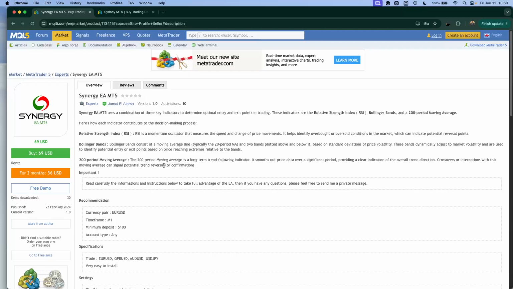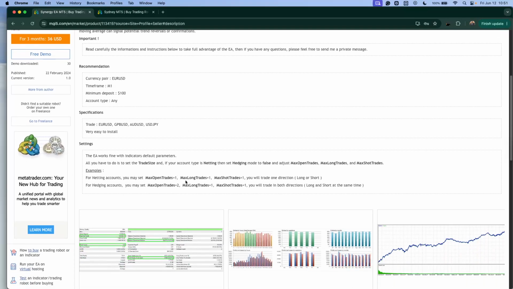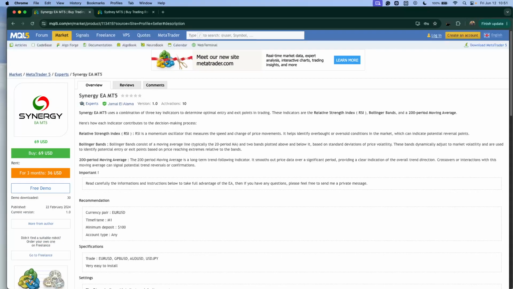Beginners also should probably avoid this expert advisor if you don't know how to properly maneuver the settings and the inputs that will make this expert advisor work efficiently for you. You should probably just avoid it. And also traders who are looking for some stability should also avoid this. The profit and drawdowns can differ depending on market conditions and position size or risk that the trader is using.